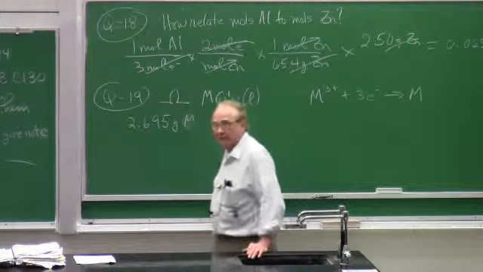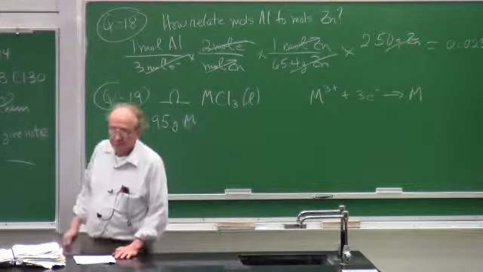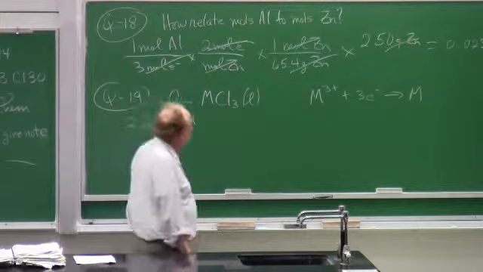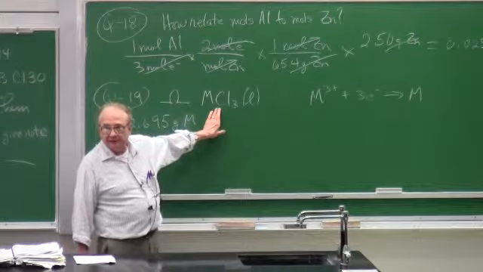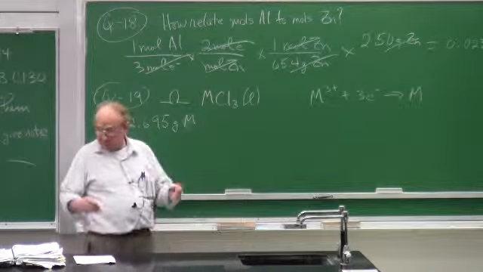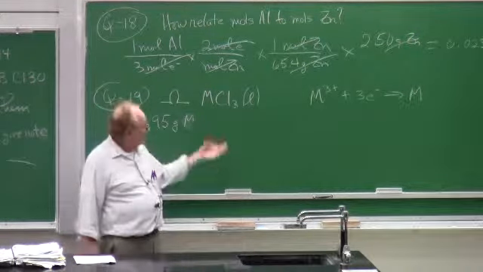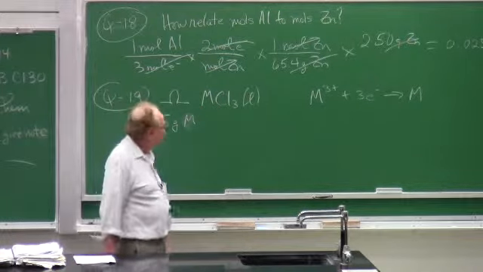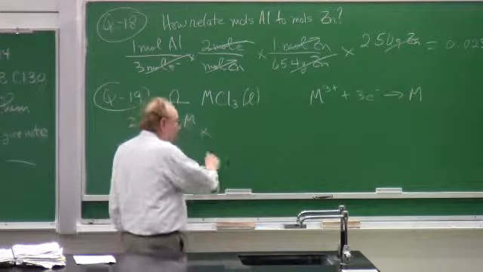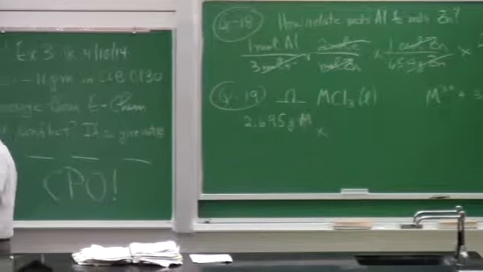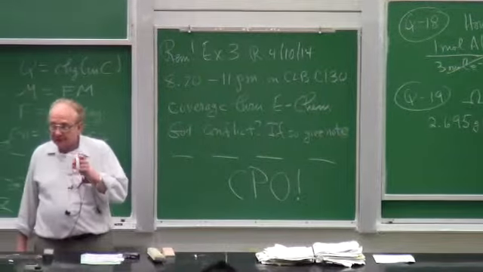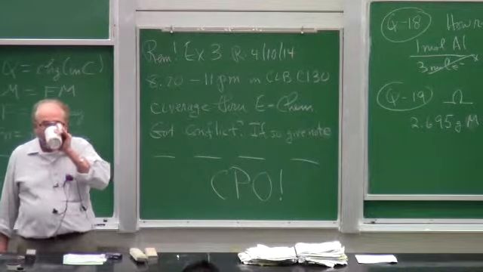So now we have this information to use. I mean, we're all expected at this stage of the game to know that in a molten metal chloride, the oxidation state of the chlorine atom is -1. So the metal must have a +3 oxidation state. So with this, I ask, what factor should I next write? 3 moles of electrons per mole of metal. Mm-hmm.